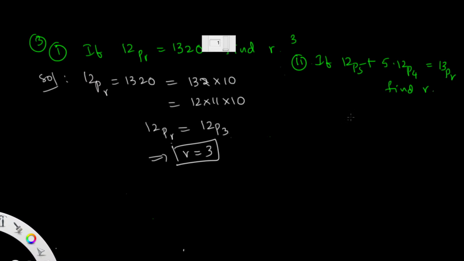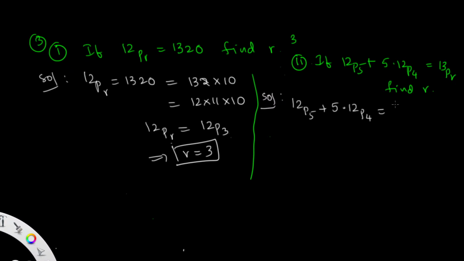Similarly, 12P5 is written starting with 12 and writing up to 5 terms, that is 12 into 11 into 10 into 9 into 8.